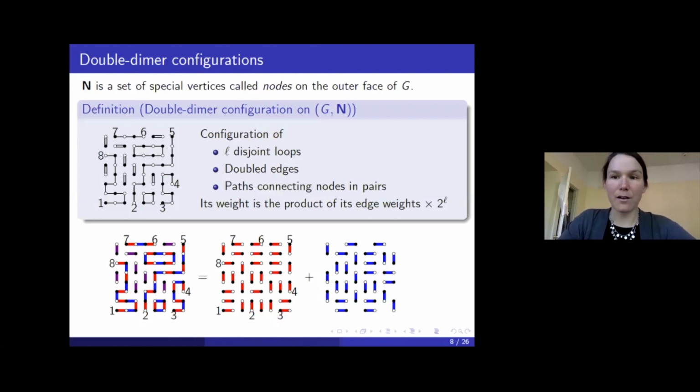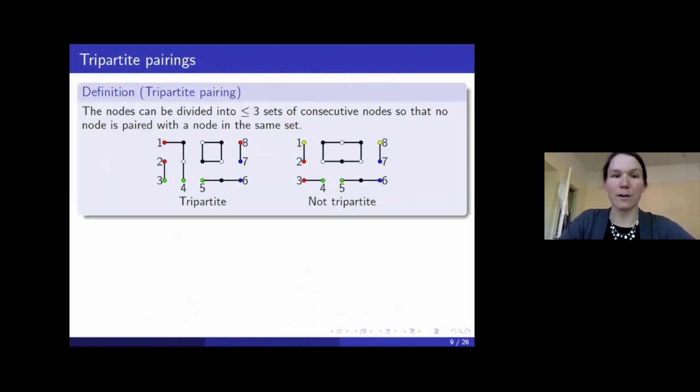My analog for Kuo's theorem is going to hold for a particular type of pairing called a tripartite pairing. So a pairing is tripartite if the nodes can be divided into at most 3 sets of consecutive nodes, so that no node is paired with a node in the same set.